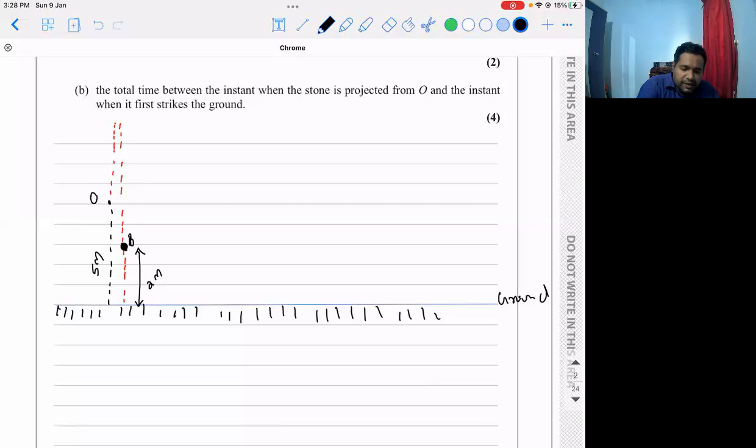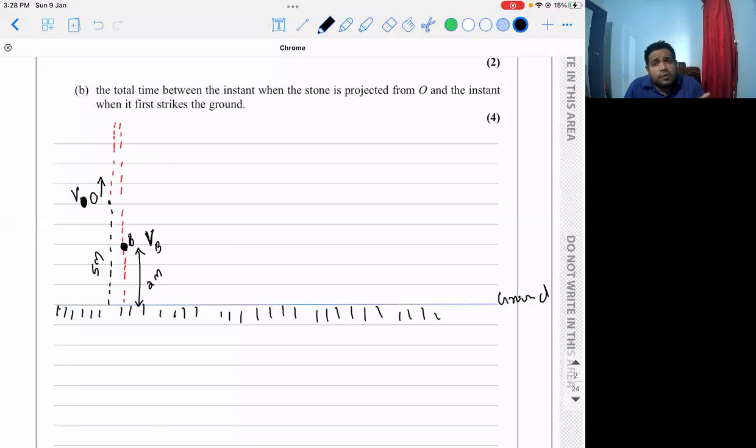Let that speed be represented by VB. And the speed with which the particle is projected from O, that is upward, we mark as VO.